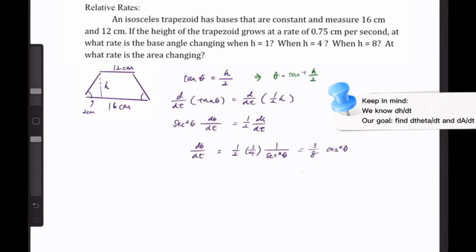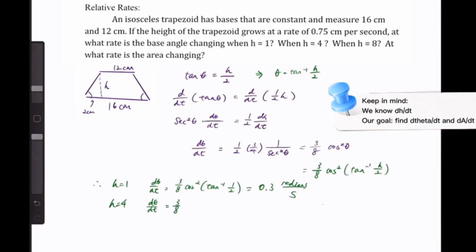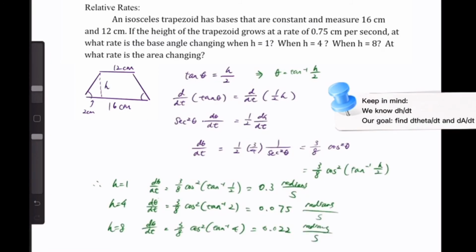Therefore, d theta/dt equals 3/8 cosine squared tangent inverse h over 2. Finally, when h equals 1, the base angle is changing at 0.3 radians per second. When h equals 4, the base angle is changing at a rate of 0.075 radians per second. When h equals 8, the base angle is changing at a rate of 0.022 radians per second.